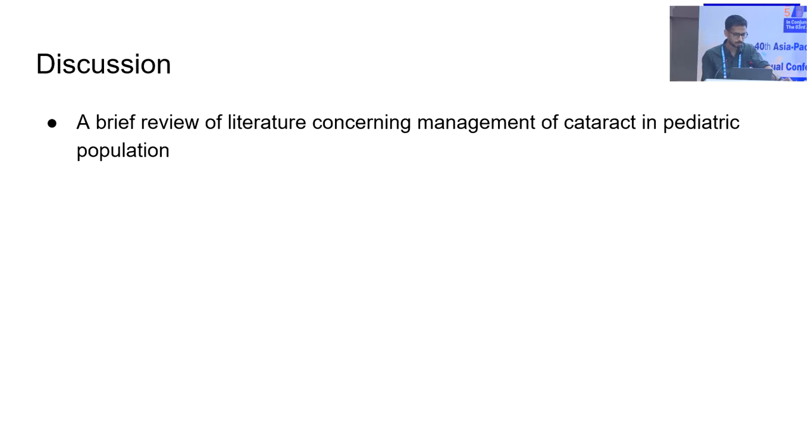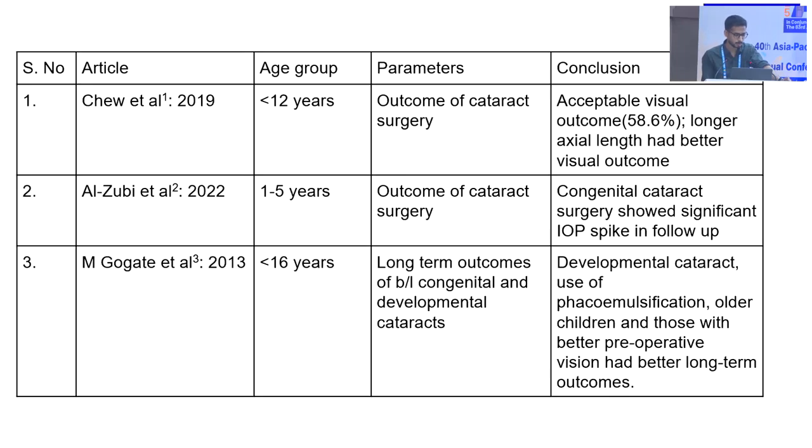Looking at a brief literature review, Chu et al. in 2019 looked at the outcome of cataract surgery in those under the age of 12 years and had a good visual outcome in 58.6% of the population. They noted that longer axial length had a better visual outcome. Al-Sub et al. in 2022 looked at outcome of cataract surgery in the 1 to 5 year age group and noted that congenital cataract surgery showed significant IOP spike in follow-up.